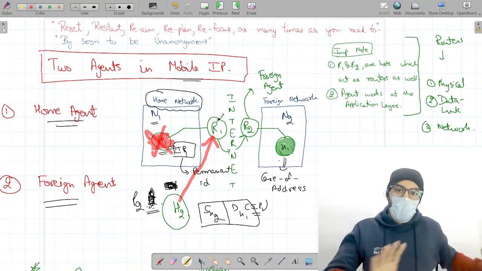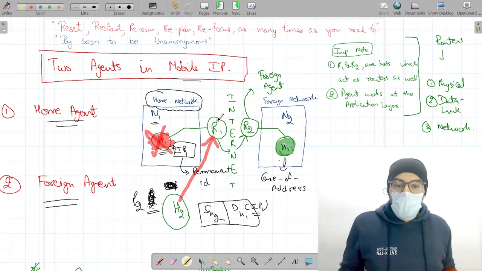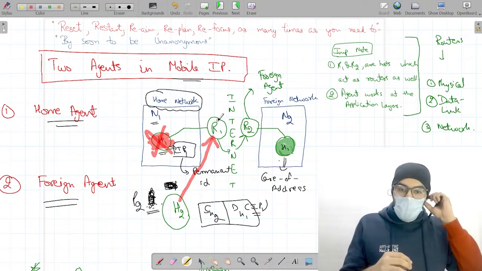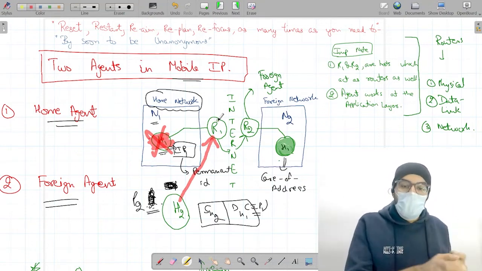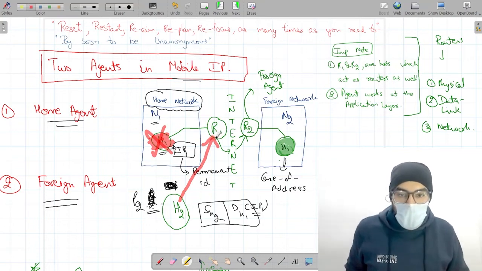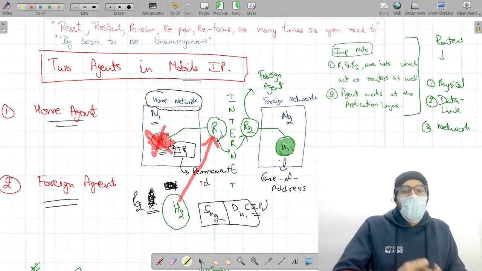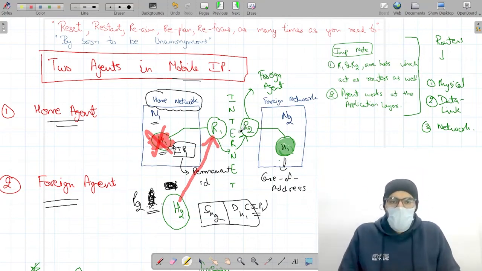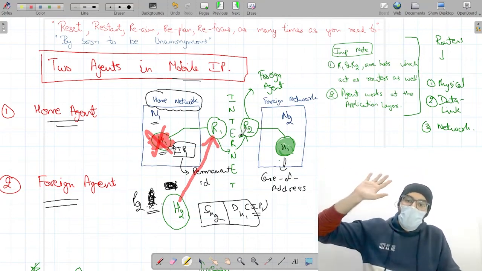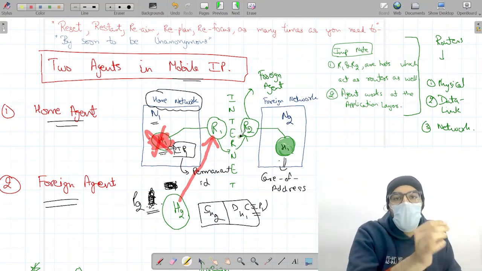We'll see later on how router R1 is able to know in which particular network host 1 is now, or what the current network of host 1 is. For now, let's take it that router R1 somehow gets to know that host 1 is in network 2.